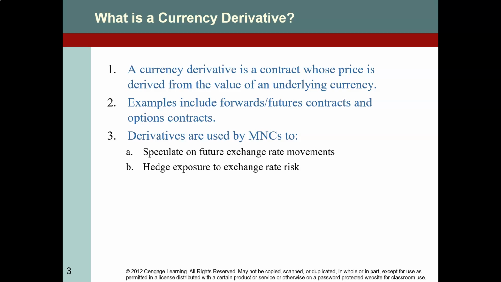Okay, so again, the value of the derivative contract is derived or associated with the underlying currency. And we have forwards, futures, options, three kinds of contract here that we're mostly focused on in this chapter. And we can either speculate or hedge using these three kinds of contracts.